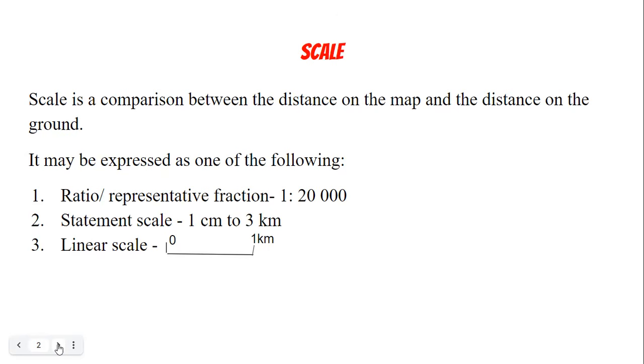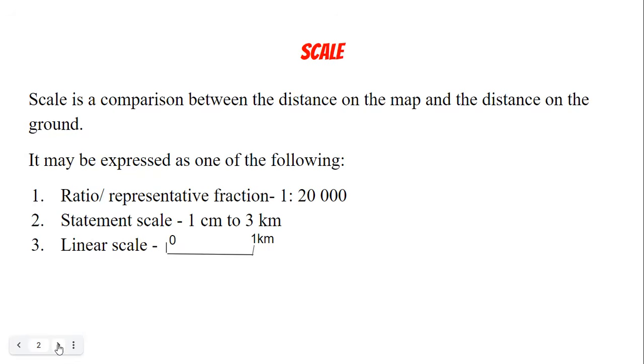So number one on the screen that you're seeing, 1 to 20,000, that is our representative fraction. The statement scale, 1 centimeter to 3 kilometers, that's our statement scale. And right there where you're seeing the line, that is our linear scale.